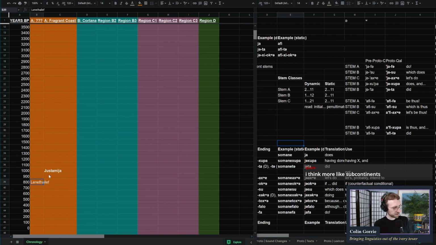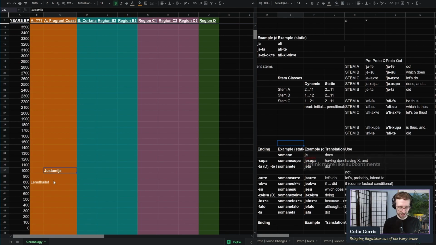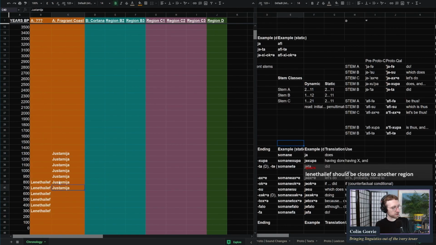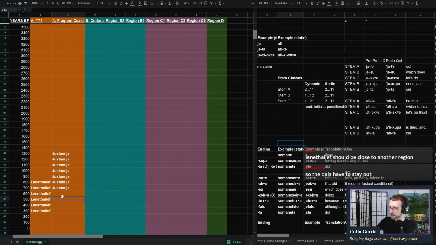And of course, language isn't static, but we can talk about rough periods that are going to make historians have something to write about. So maybe the Eustamia period is like this, and the Lenadilef period is more like this, like a 500-year or so period. And so these two could come into contact. Maybe Eustamia branches off into some other languages.